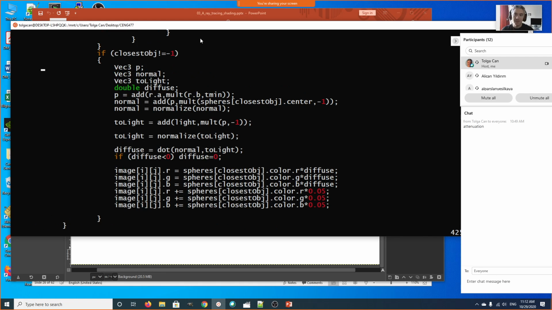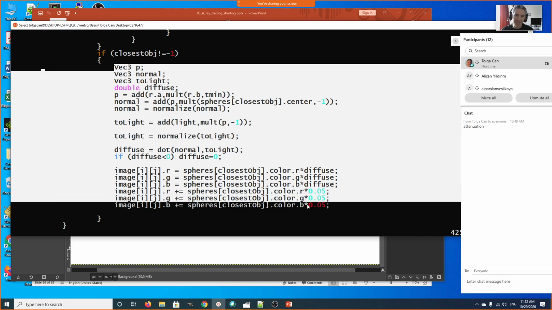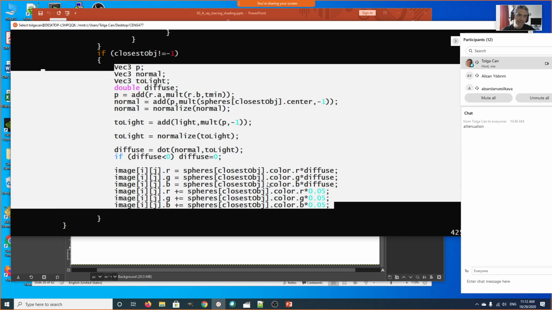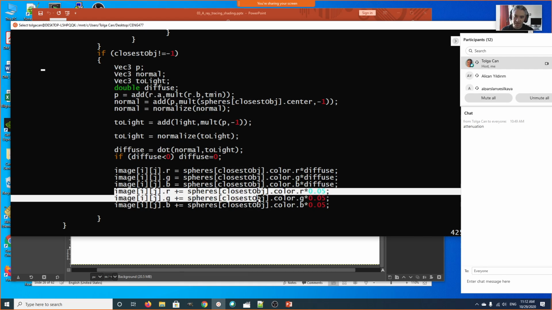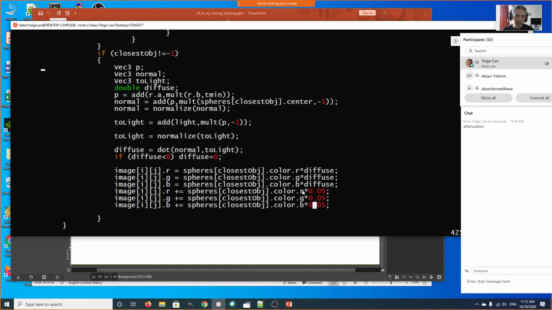So look at this. The code you see here right now is implementing the first two components of the basic illumination model, ambient and diffuse. The ambient is implemented simply by these 3 lines of code. I just added 0.05.